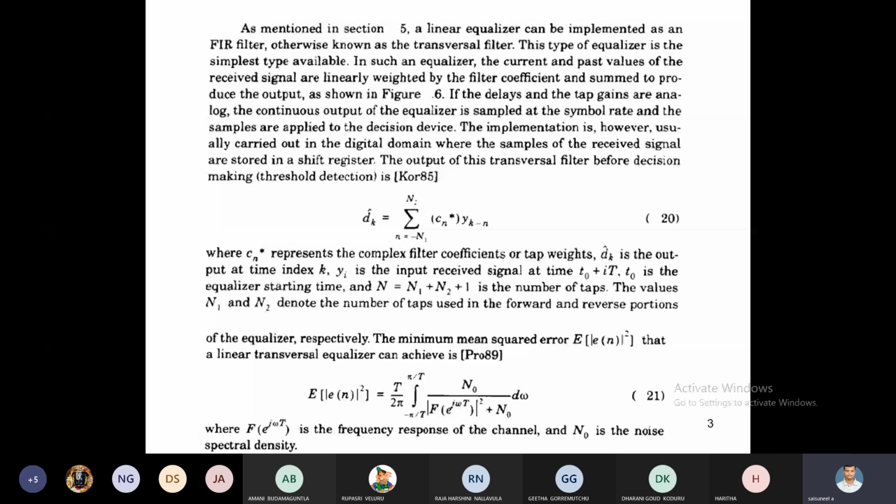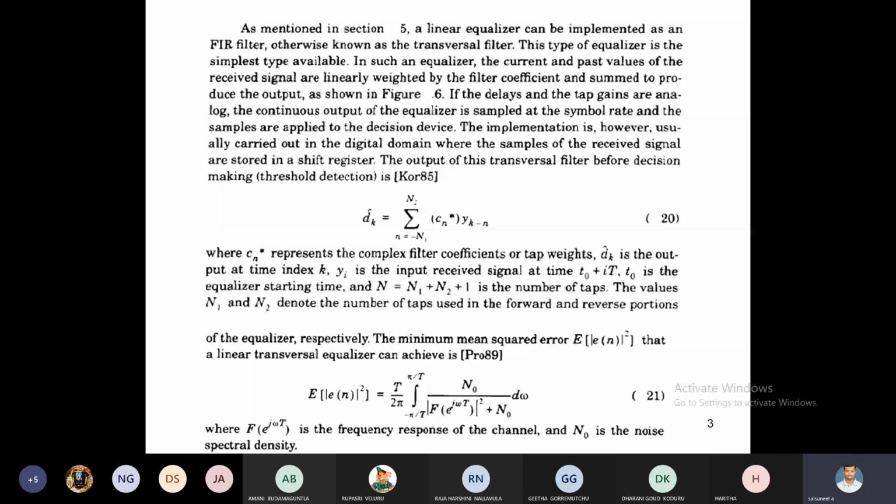In lattice equalizers, we use lattice filters. The input signal for this equalizer is y k. The output of the receiver, given as input to the equalizer, is transformed into N intermediate forward and backward error signals, that is f n k and b n k.